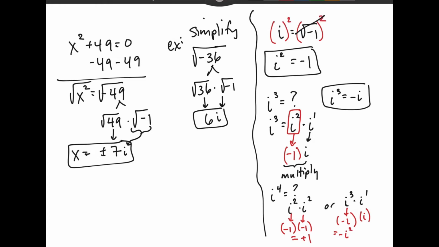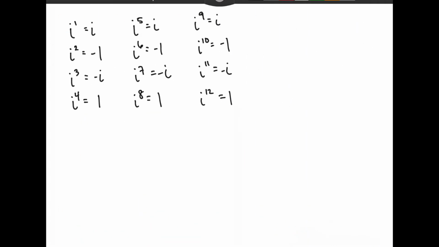But this is negative 1, and that becomes positive 1, just like what you have on the left here. So to recap, i to the first power is i, i to the second power is negative 1, i to the third power is negative i, i to the fourth is 1. And if I keep on repeating the cycle, this is the pattern that I am going to get.